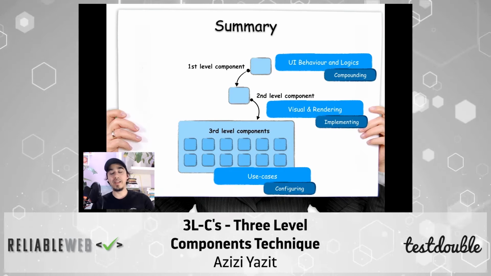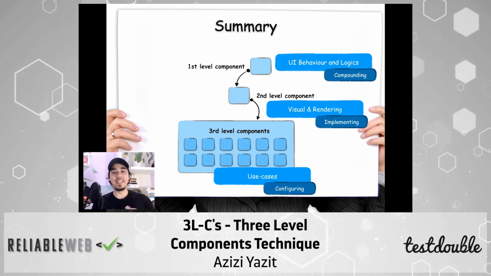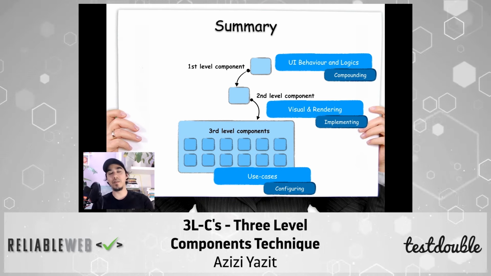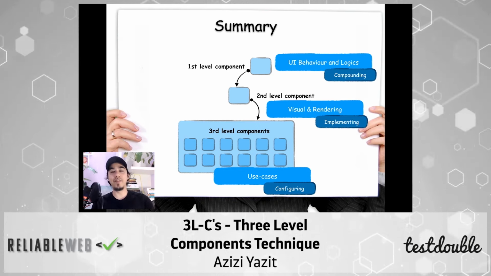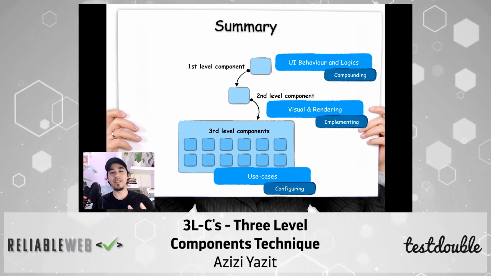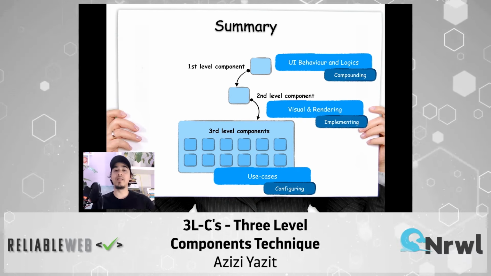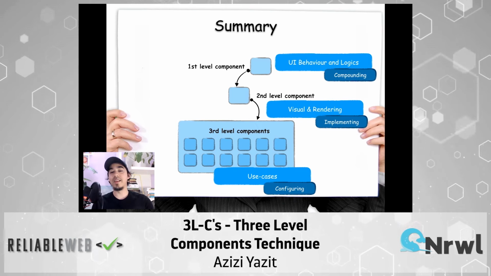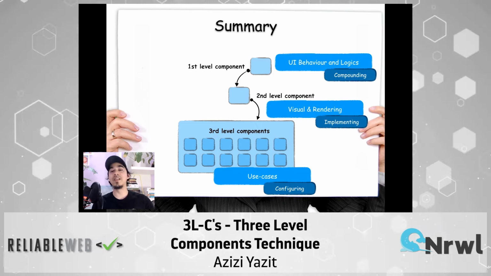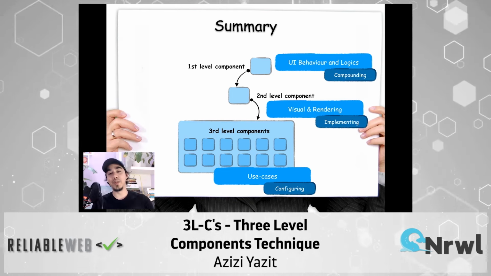In summary, the first level abstracts away the UI behavior and logic, and this abstracting work is called the compounding technique, which provides the components in the compound component format or pattern. The second level focuses on abstracting away the visual and rendering from the next level, and provides pre-built components whose styling and design are ready to be used and configured.